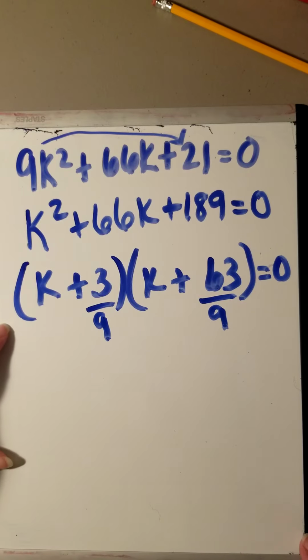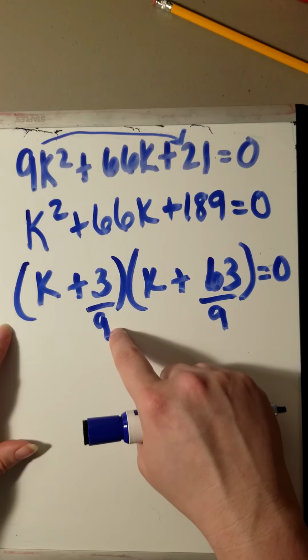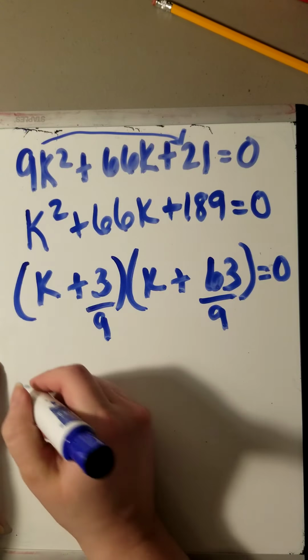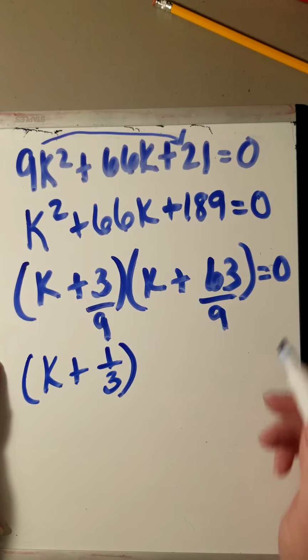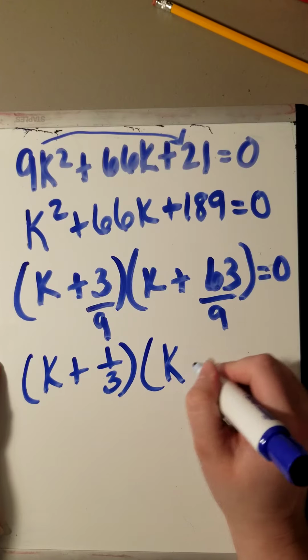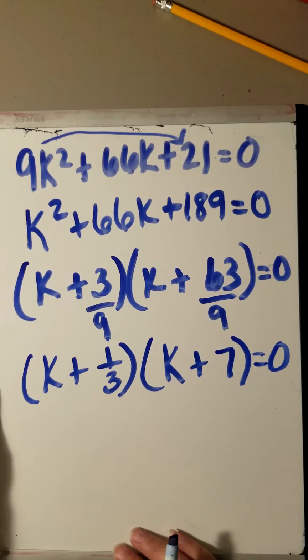Okay. A couple of things here. This time, these do not divide evenly, but this does reduce. This is the same as 1/3. This one does divide, so I'm just going to divide that.